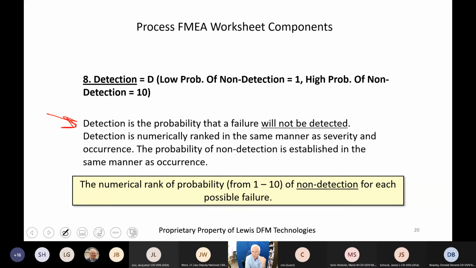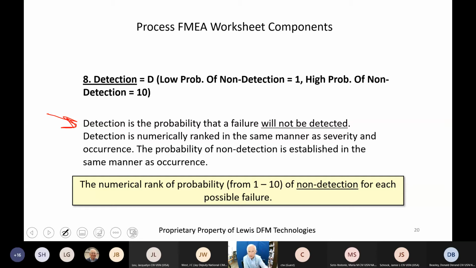Detection is the probability that a failure will not be detected. So when we stop and think about what detection is, it is how easy or how hard is it to detect this issue, okay? This potential failure, this defect.